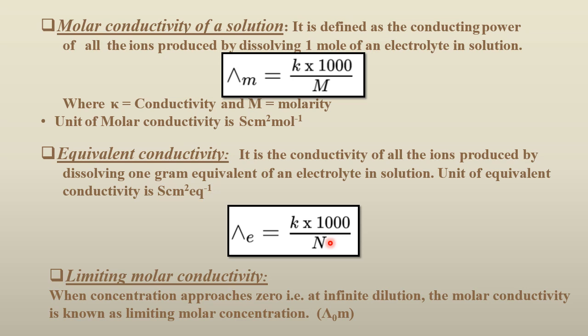So at a moment the concentration will become zero. So when the concentration approaches zero, at infinite dilution, the molar conductivity is known as limiting molar conductivity. It is denoted as lambda m naught.